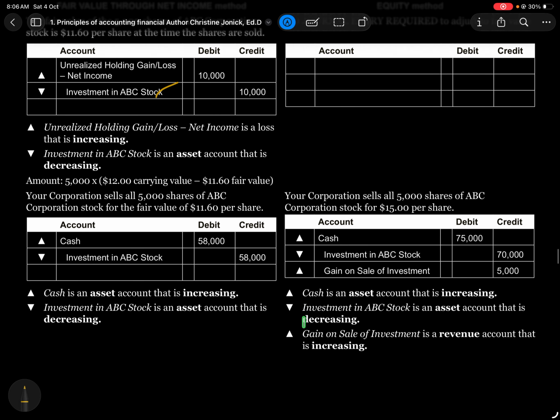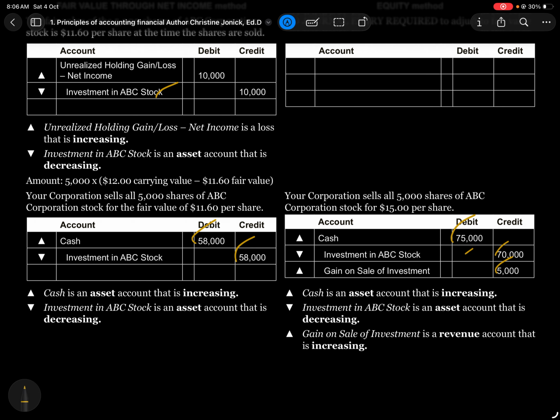So when we sell, in the equity method, we receive cash, credit the investment, and credit or debit any gains or losses. In the case of the fair value based approach, we receive the cash and credit investments.